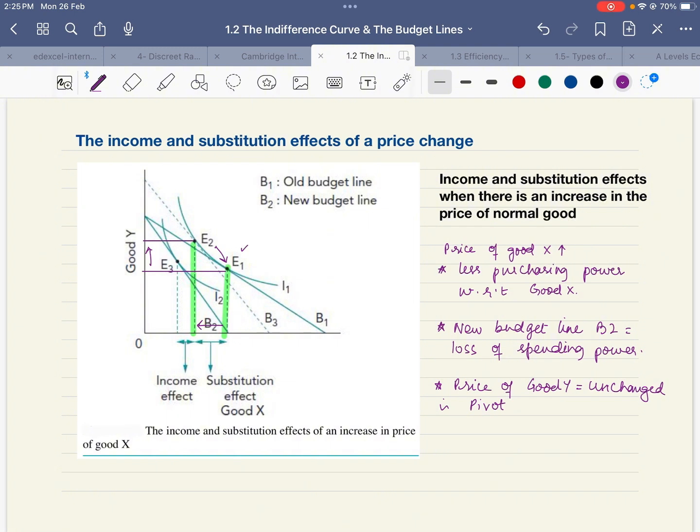The point to note here is that the substitution effect occurs on the same indifference curve, and it's a movement along the indifference curve, right?